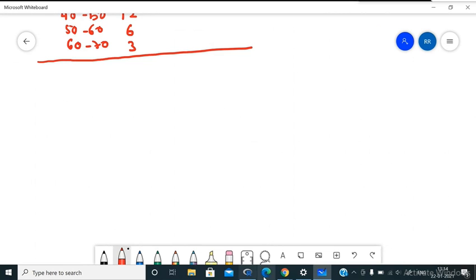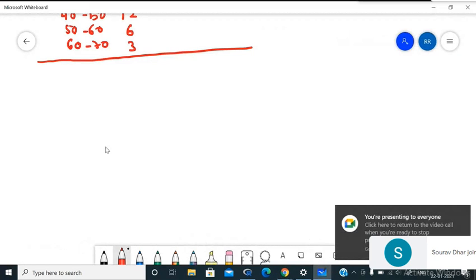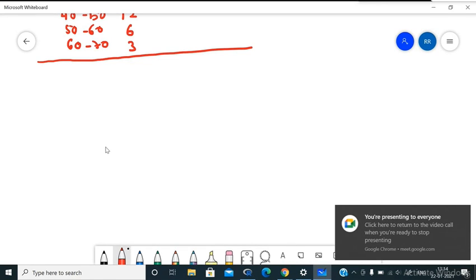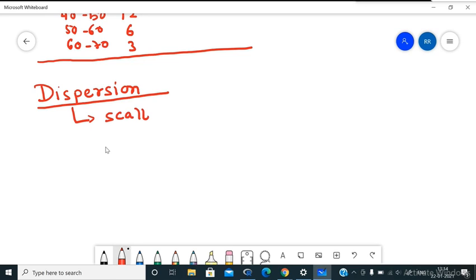The meaning of dispersion is scatteredness.